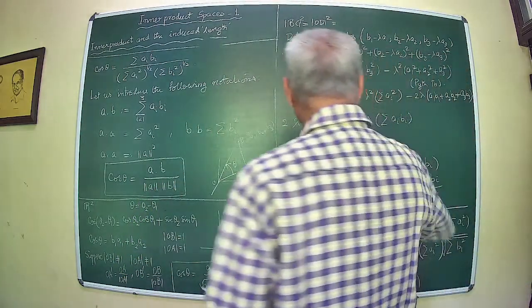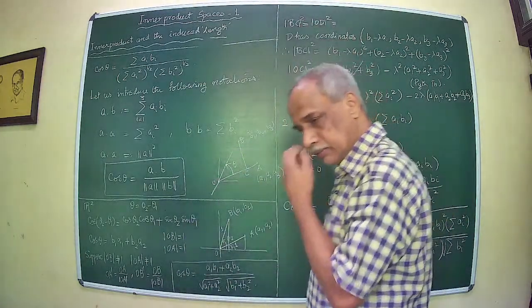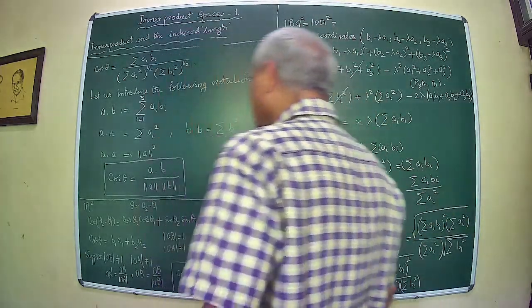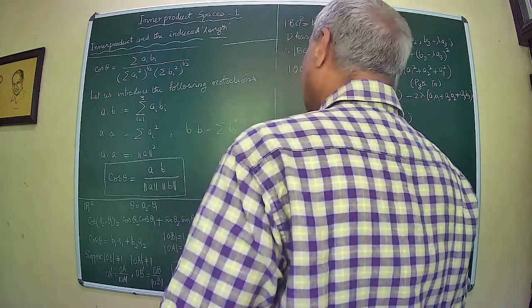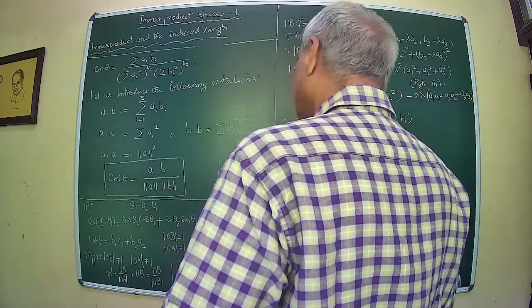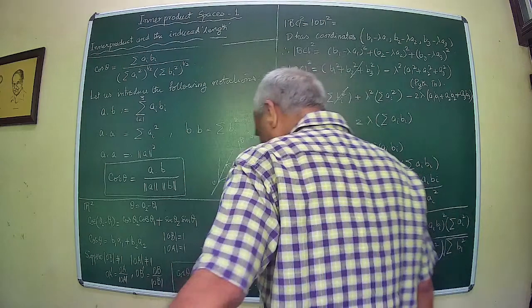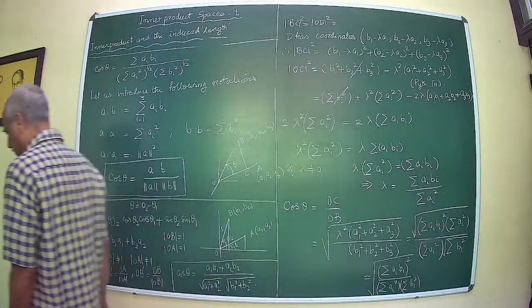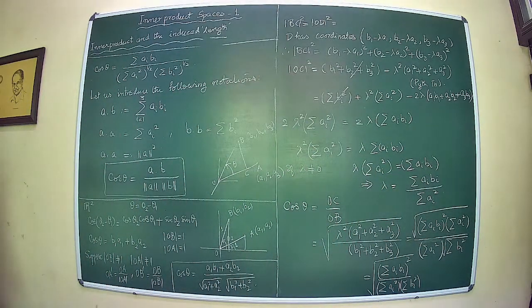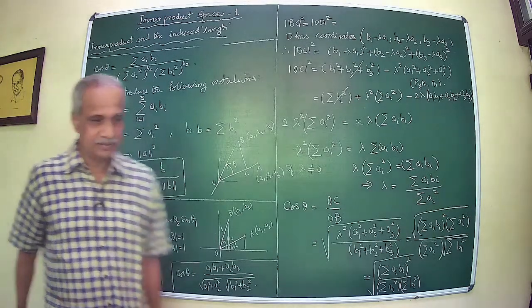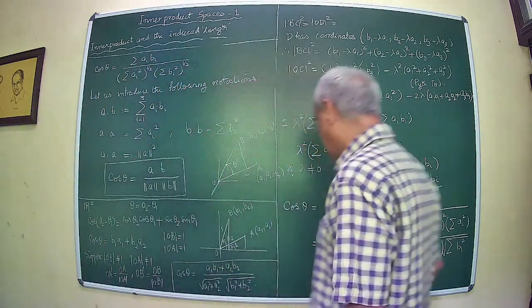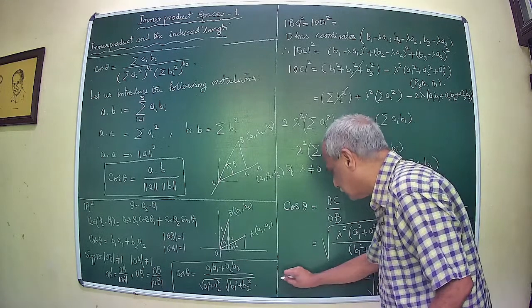In the case of R3, you can actually compute this way. Therefore, you see that it is intimately connected with the angle between two vectors in the case of R2 and R3. Now, in the case of R, what happens? In the case of R, there are only two possibilities.